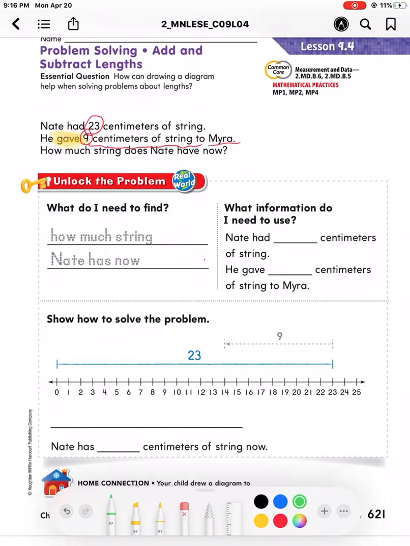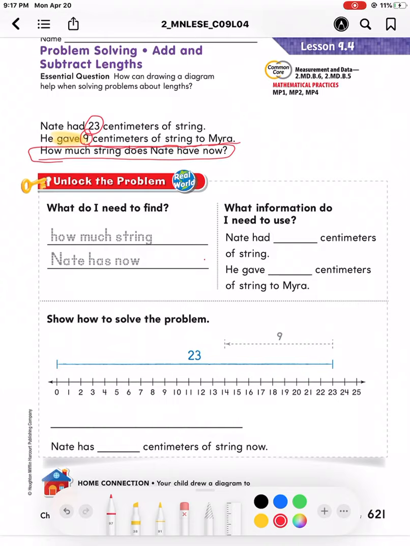Now Nate had 23 centimeters of string and he gave 9 centimeters of string to Myra. How much string does Nate have now? What do I need to find? Of course, I need to find how much string Nate has now after he gave Myra the 9 centimeters.